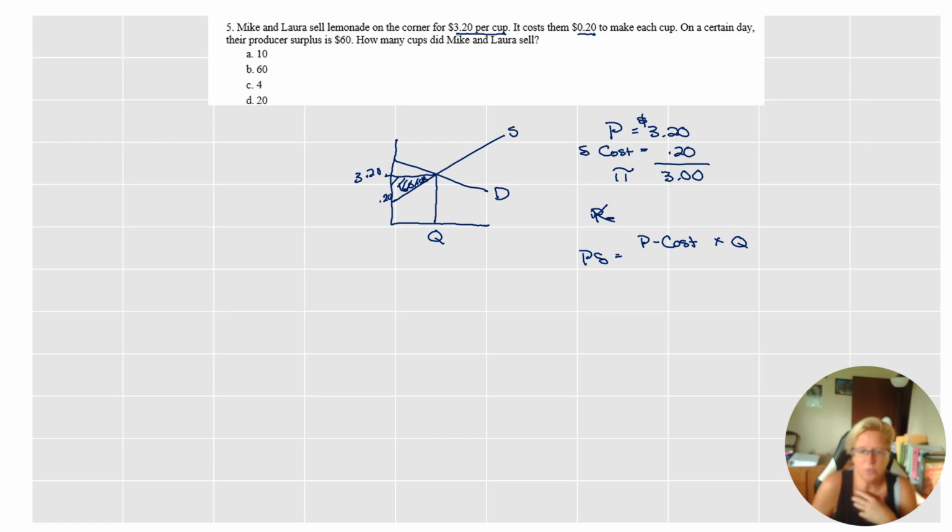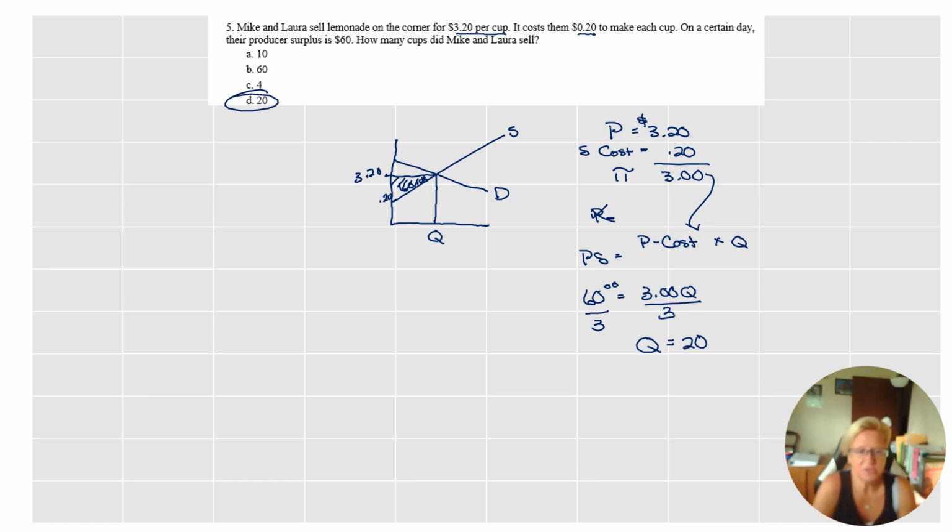So here we have producer surplus is $60, which is equal to the price minus the cost, or the profitability, which is $3, times the quantity. We divide each side by 3, and we get the quantity that is sold equals 20. So the right answer is 20.